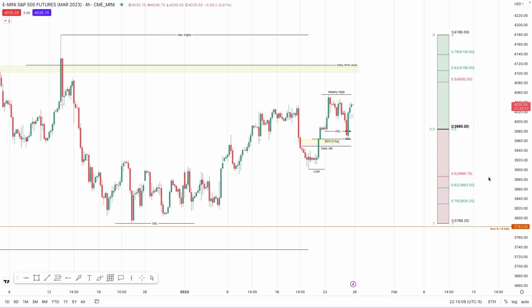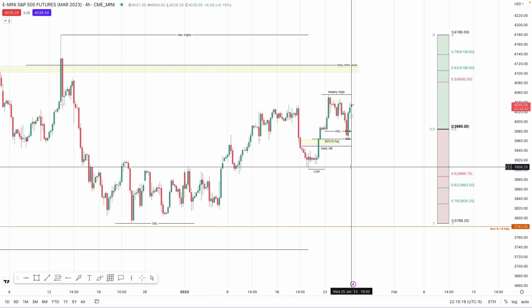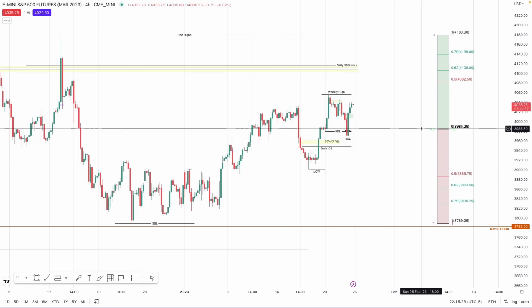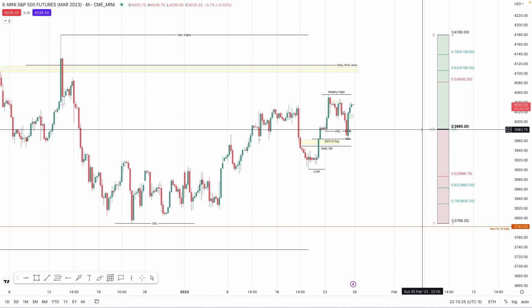Okay, let's take a look at the rest of the week moving forward. Here we are, we have the 4-hour chart with our PD array for this area. As you can see, here's our equilibrium. So I'm going to leave that right there. We just spent quite a bit of time down in the discount range.